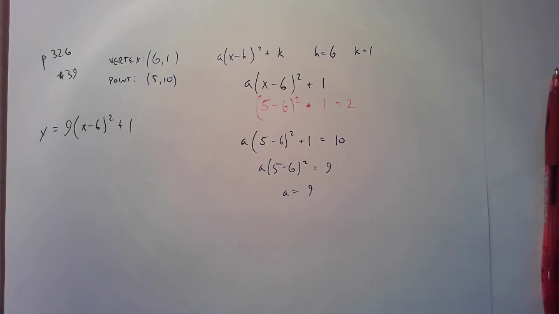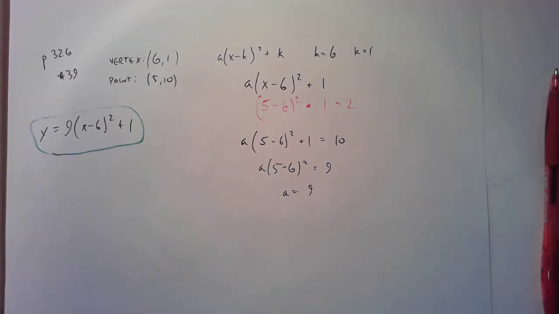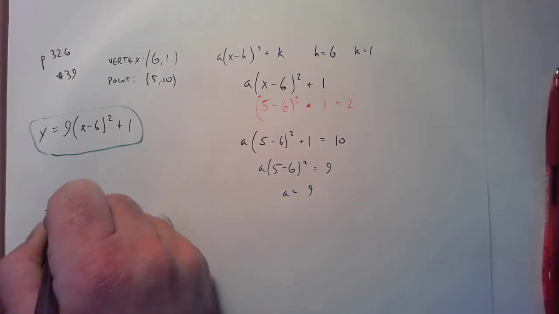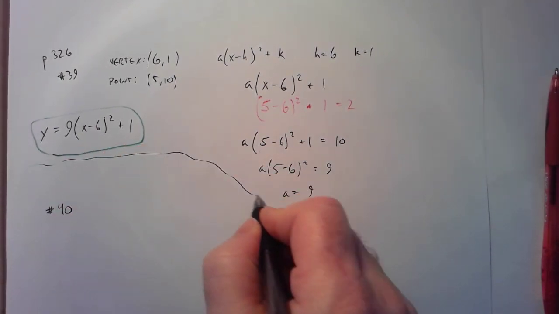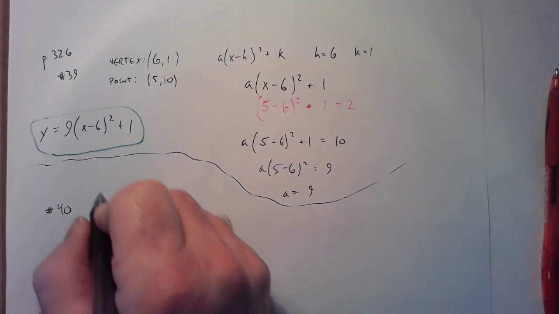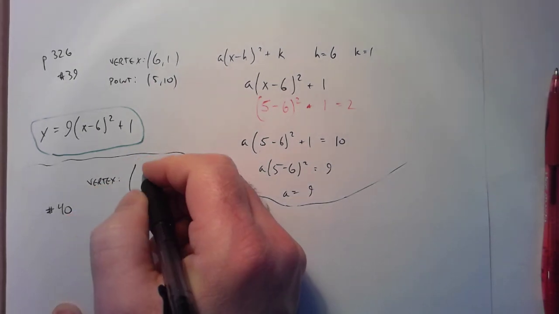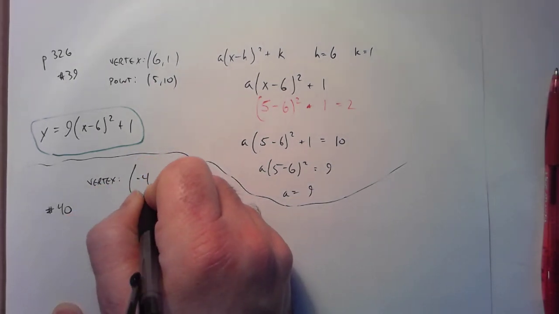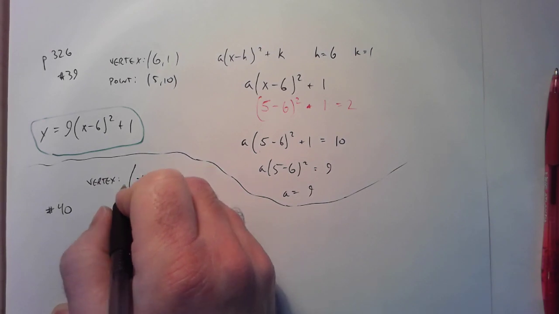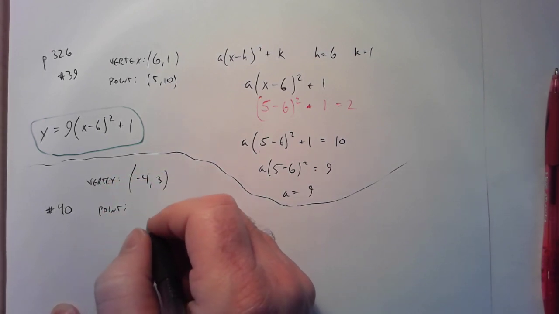Now that I've done it once kind of completely, I think I can probably be a little bit briefer with the last one, and I can fit it on this piece of paper, I'm pretty sure. So, number 40. Number 40 has a vertex negative 4, 3, and it contains the point negative 3, 6.